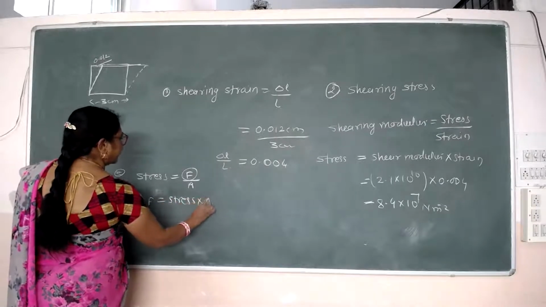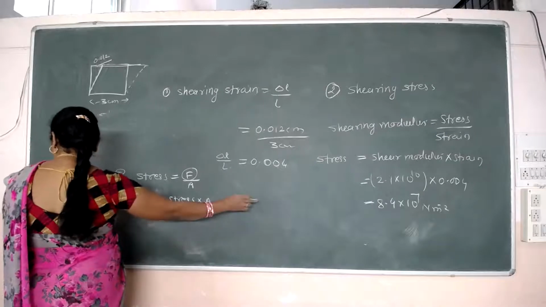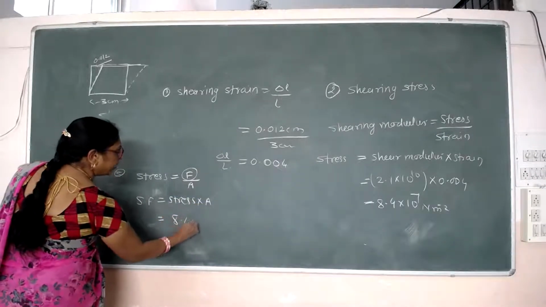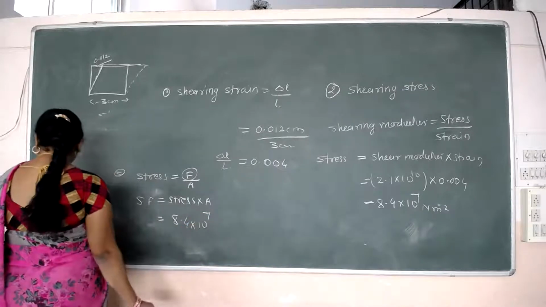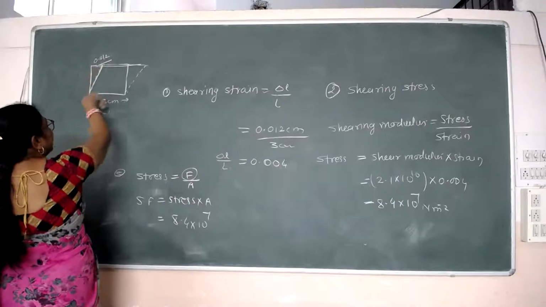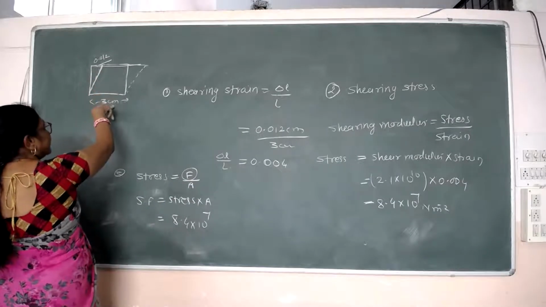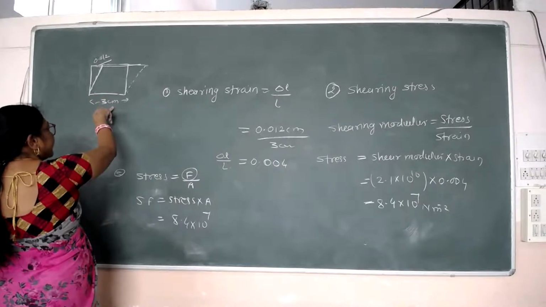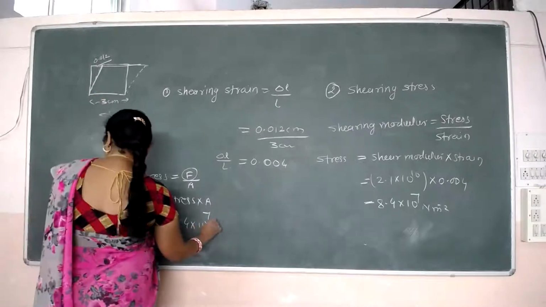The stress is equal to 8.4 into 10 to the power 7, into area. The area of the face, all the sides being the same, is length into breadth, that is 3 into 3.